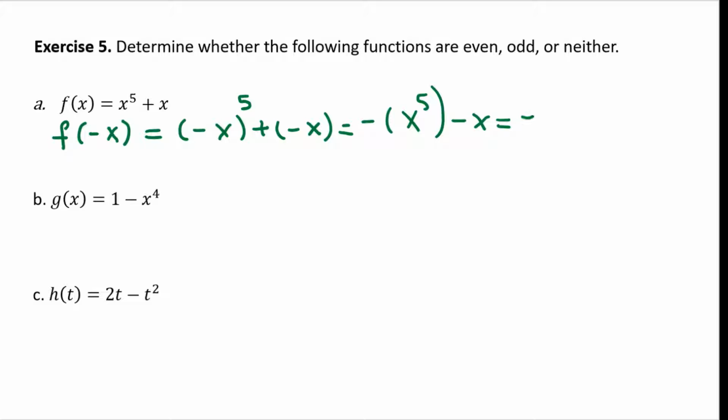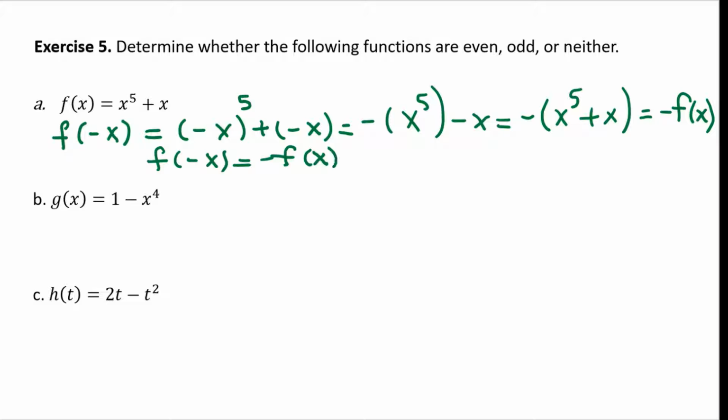Then we get negative of x to the fifth plus x. And lo and behold, that's the original function. We've got negative f of x. So we have shown that f of minus x equals minus f of x. And when you do that, we have demonstrated that this function is odd.